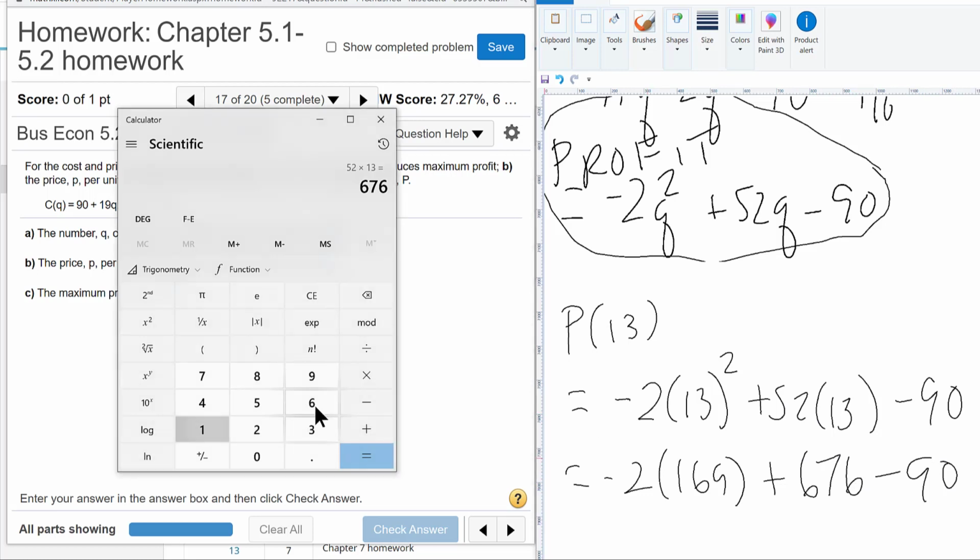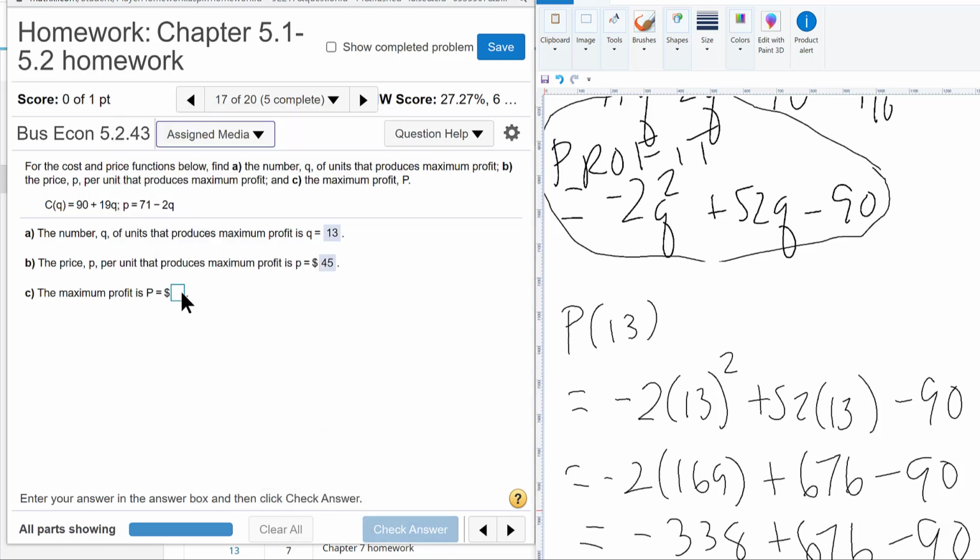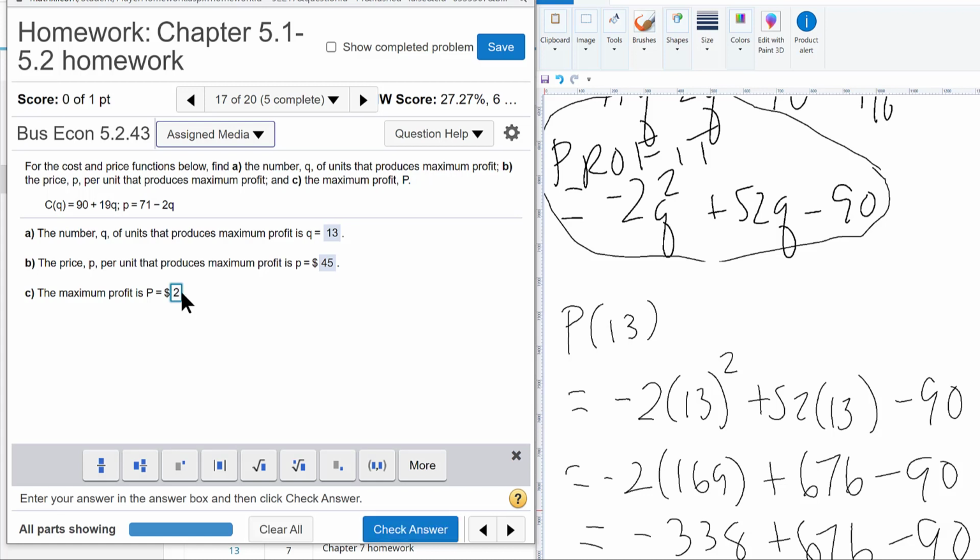So let's see, 169 times negative 2 is going to be negative 338 plus 676 minus 90. So negative 338 plus 676 minus 90 is our maximum profit, $248.